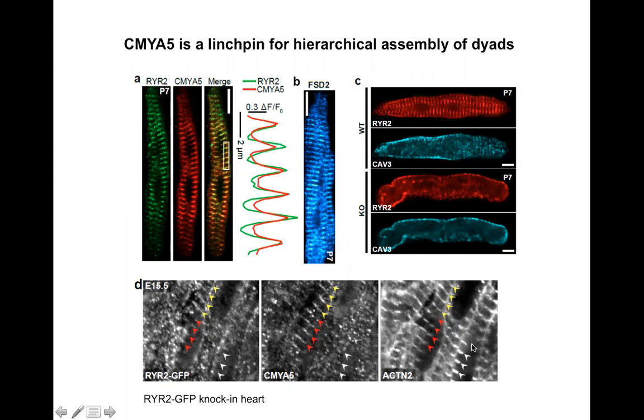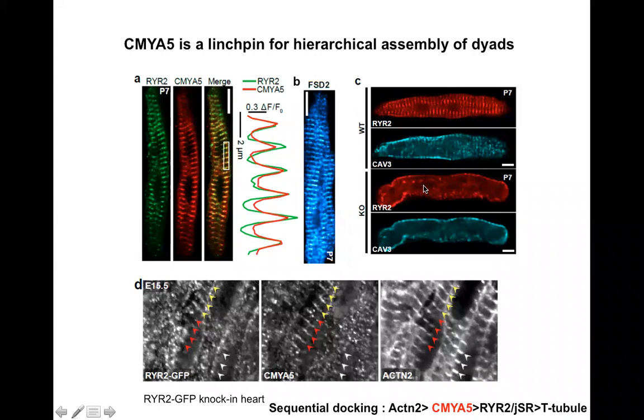Some Z lines have actinin-2 and CMYA5, but without RYR2. Some have all of them. This data collectively suggests that there is a sequential docking of actinin-2, CMYA5, RYR2, and T-tubules to the Z lines during heart development. And also CMYA5 is indispensable for dyad assembly.